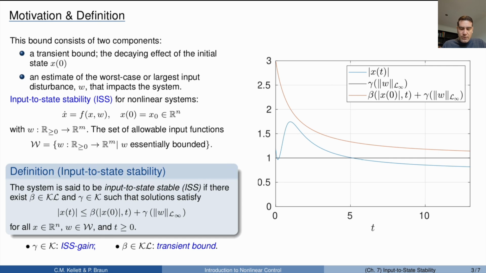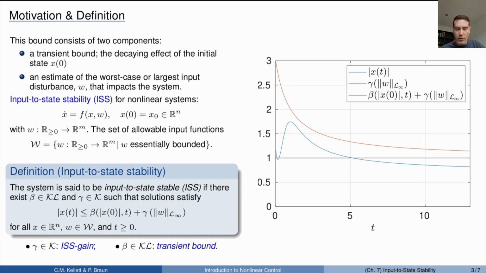How does this look visually? We have our decay through the KL function, but then we also have this offset, meaning our gamma of W or omega is some value, visualized here through 1.